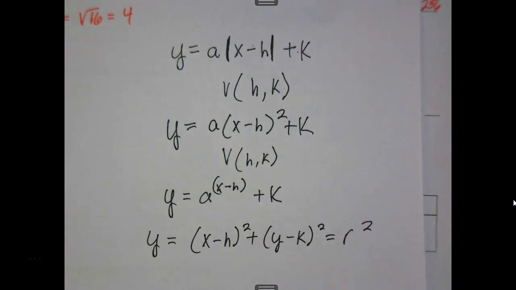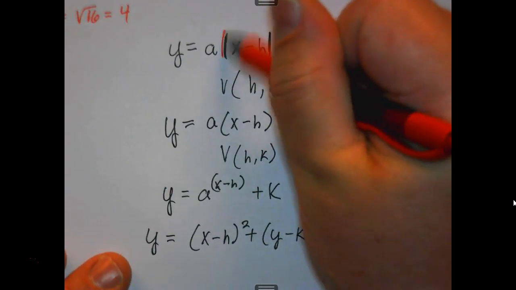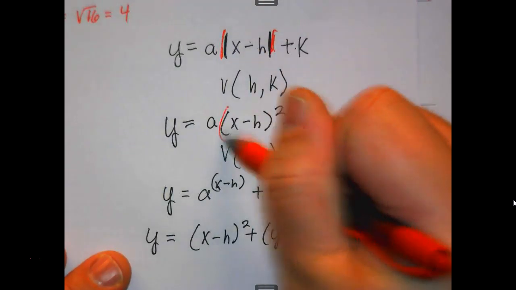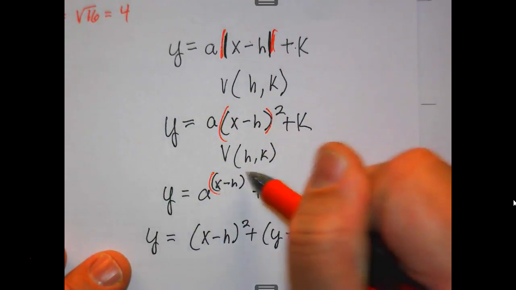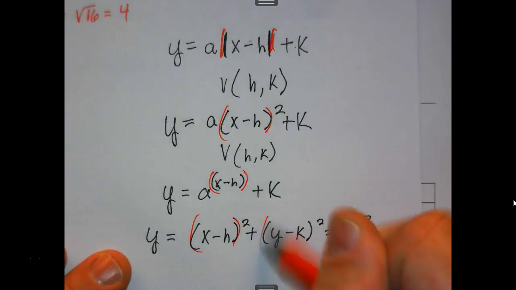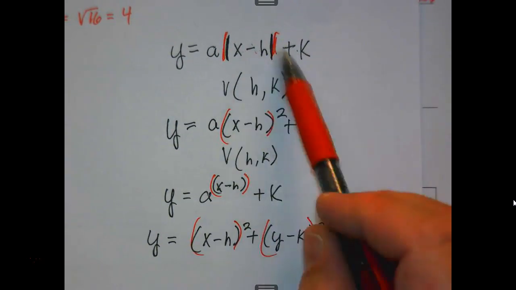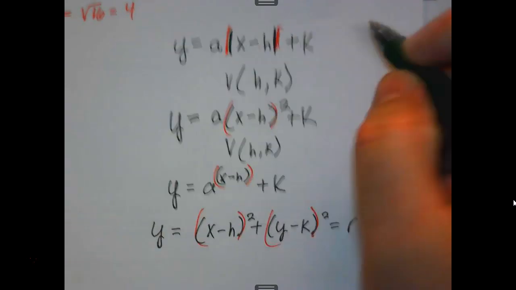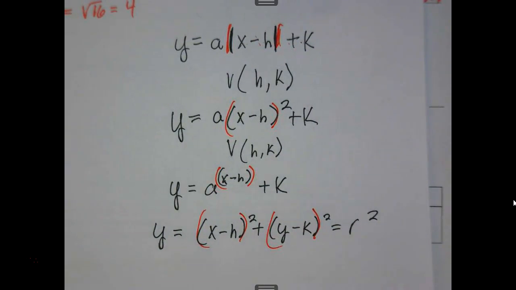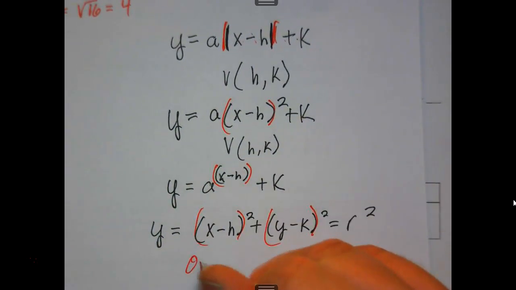Anything that's in a math symbol, absolute value, parentheses, it's always opposite sign. Anything that's not in the math symbol, right, so we always use the opposite sign.